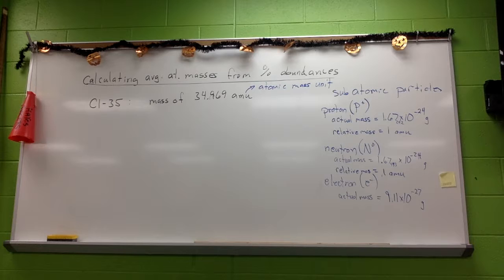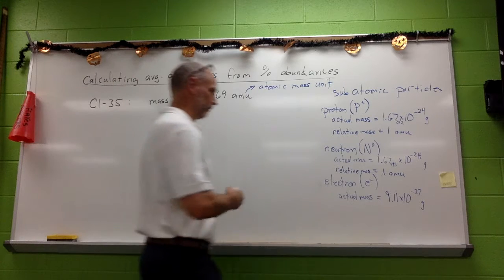So around 1,000 times less massive than a proton or a neutron. So what is the relative mass?